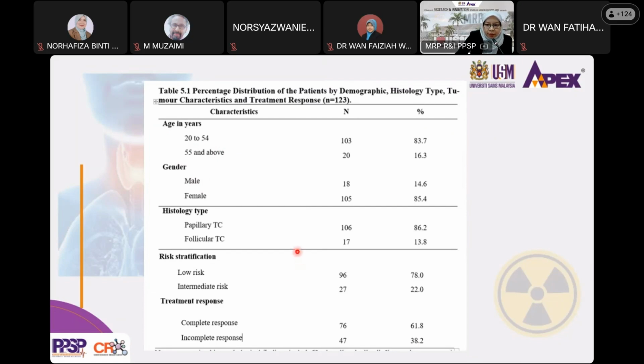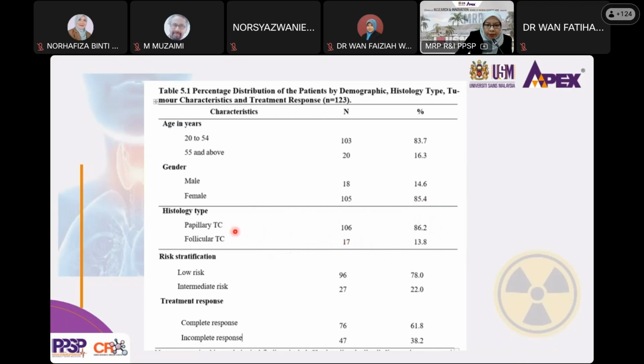So in this study, we recruited 85% female patients. As information, DTC is more commonly found in females compared to males. And PTC is more common compared to FTC.